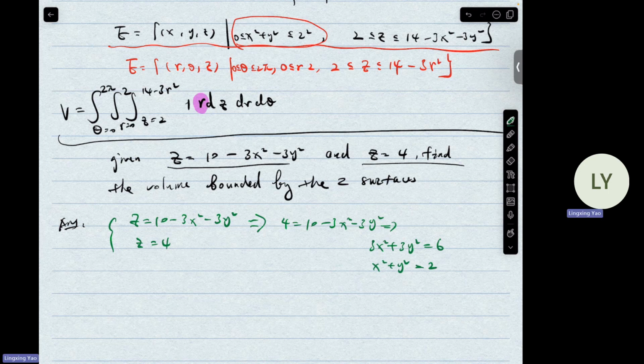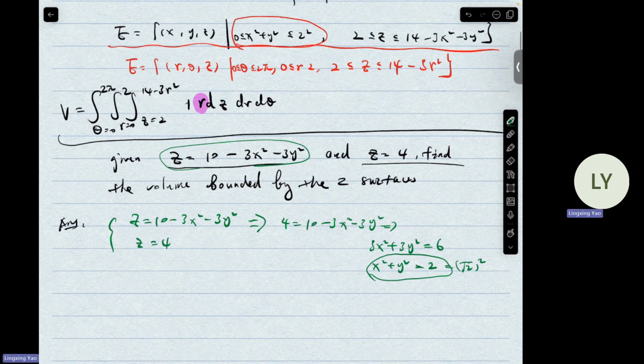So now this tells us if you jump on top of this surface over here and you look downwards, then the whole volume over here is projected on the xy plane within this disk of radius square root of 2.